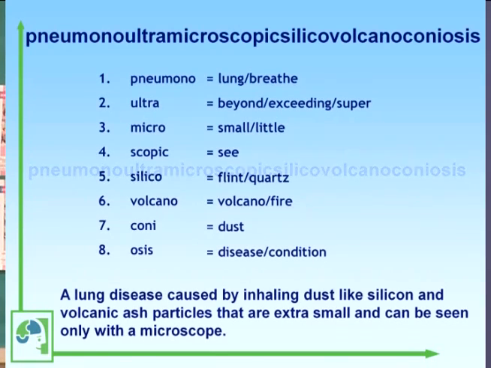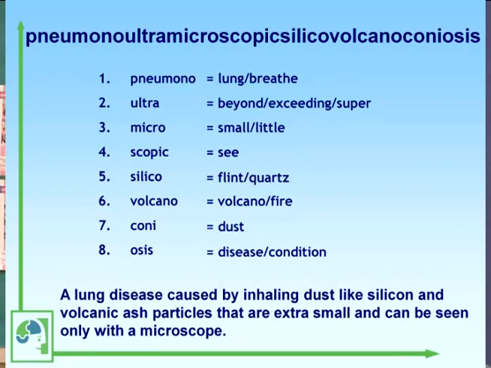So, does anyone recognize any roots that are in this word? Here are the roots broken down. Much easier to read: pneumono, ultra, microscopic, silico, volcano, coniosis. Much easier to read when you break it down into the roots. But as you had said, pneumono means lungs or breathing. What about ultra?